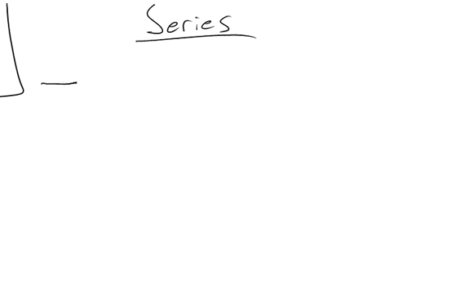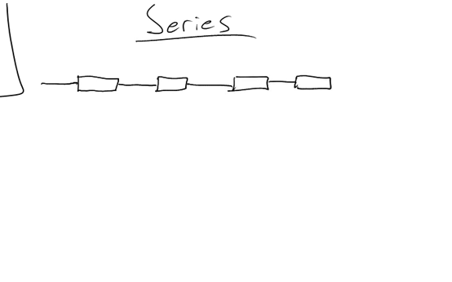To explain that further by example, you have some circuit element here, some circuit element here, and some circuit element here, and those are all in series. They're in series because these potentials are unique between them. All these potentials here are different.